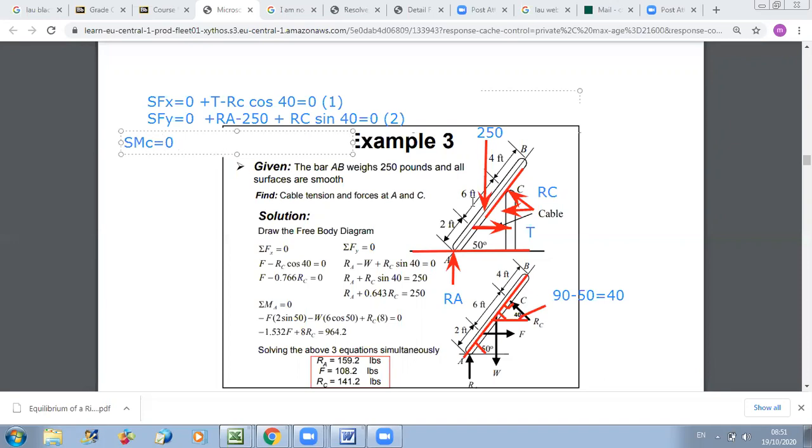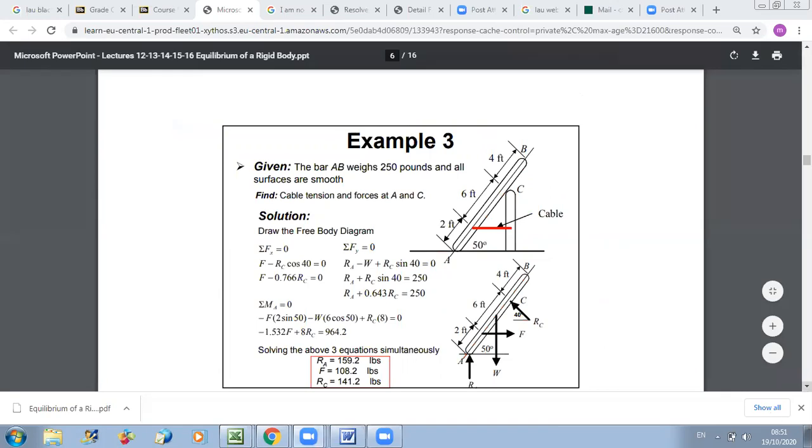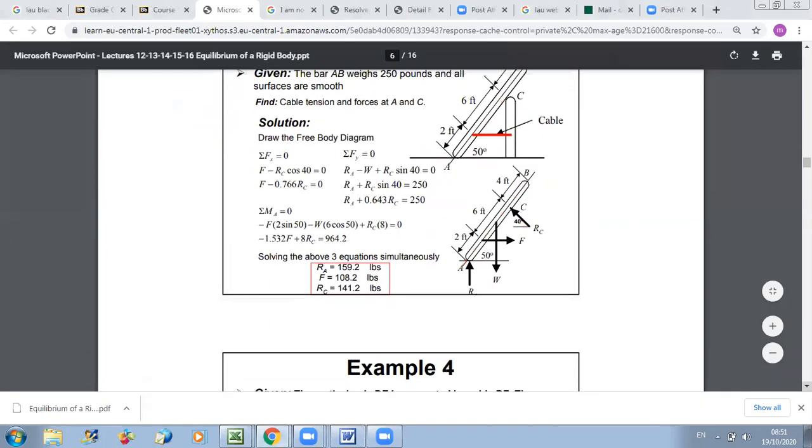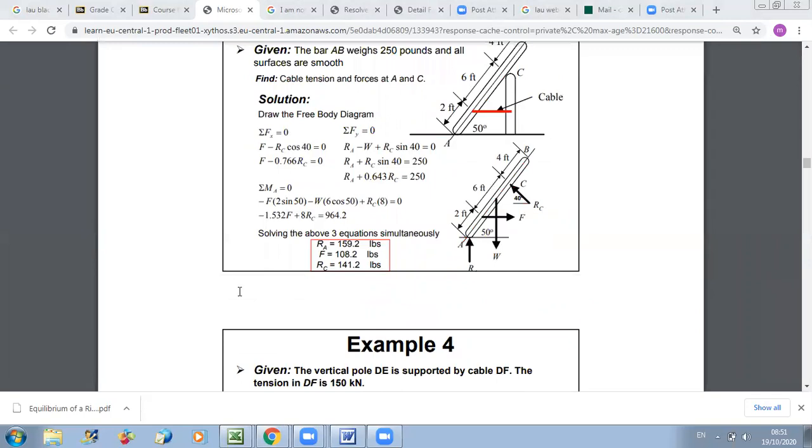Who is producing a moment about point C? I have the weight, and I have the tension, and I have the reaction. Okay, let me clear the figures so you can see them in a better way. If you do sum of moments about C equals to 0, what do I have?